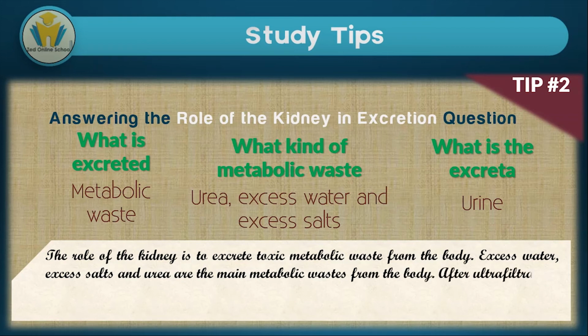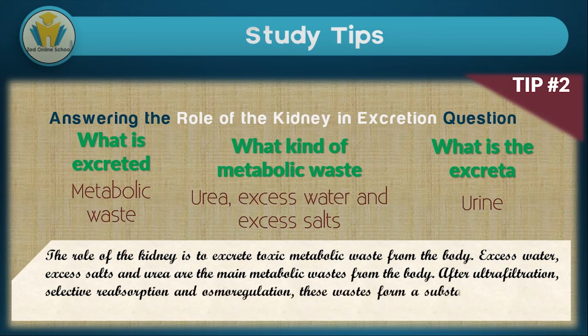After ultrafiltration, selective reabsorption, and osmoregulation, these wastes form a substance called urine. Urine is then passed out of the body. This is a passage you can use to answer this question. It's just an example. You can take it further and explain even more details.